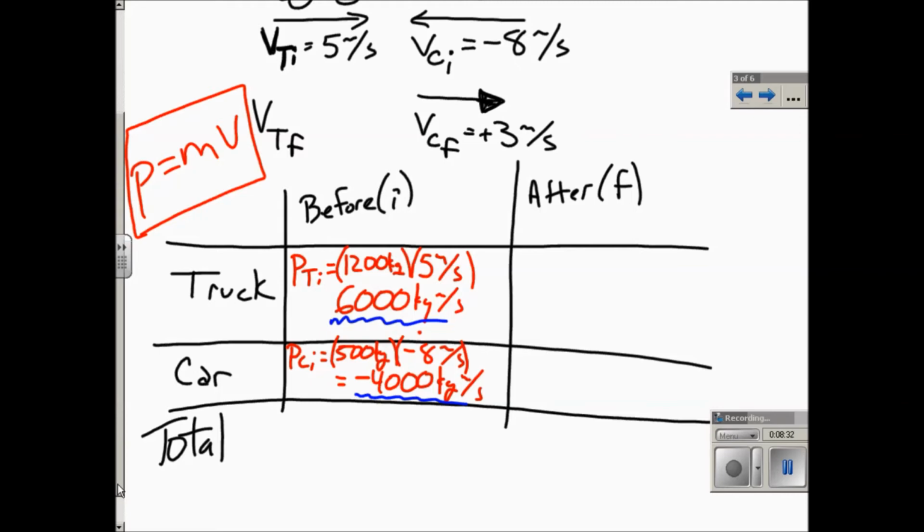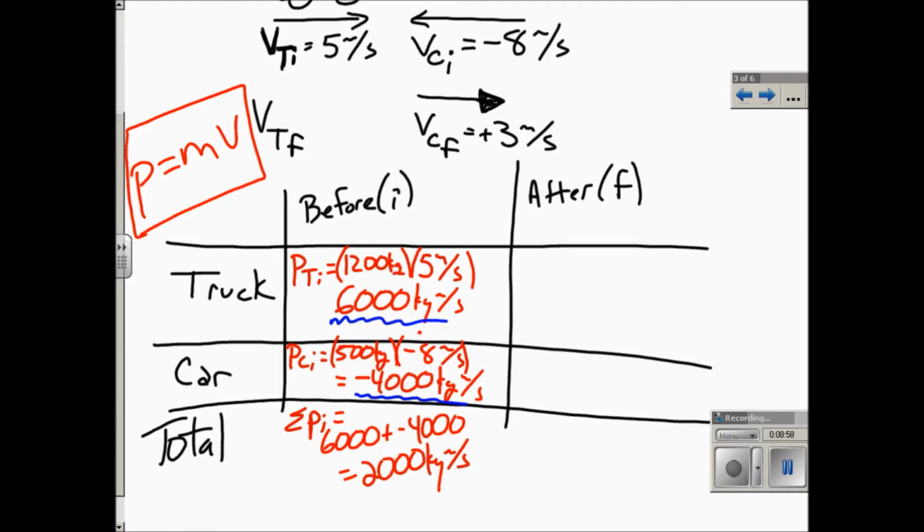So our total momentum initially is 6,000 from the truck plus -4,000 from the car gives us 2,000 kilogram meters per second. That's our total momentum before the collision. All right? So what conservation of momentum says is that our total after the collision also has to be 2,000.